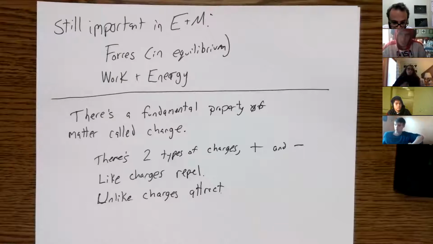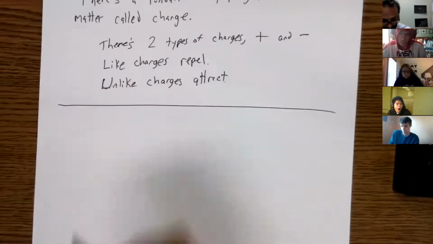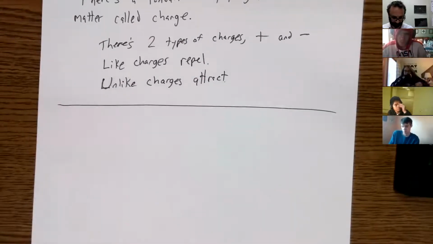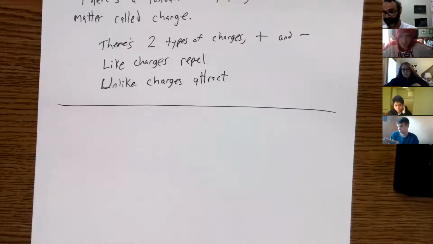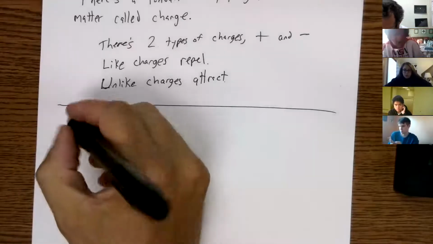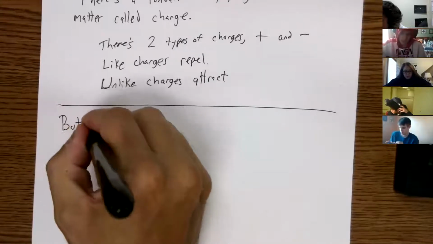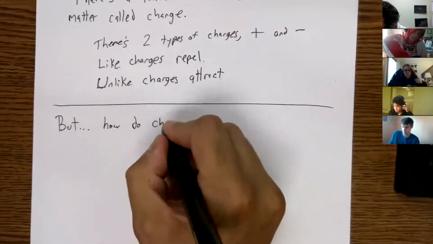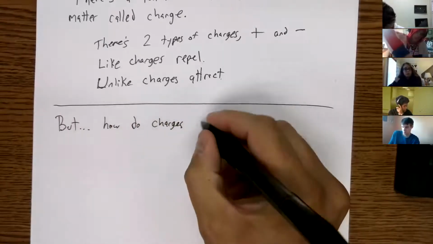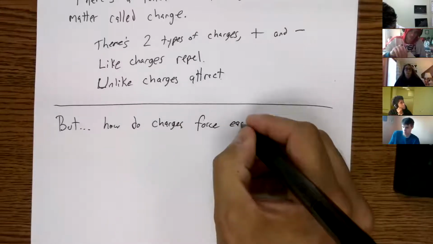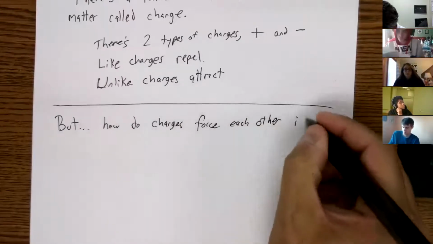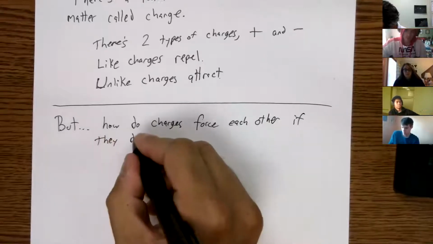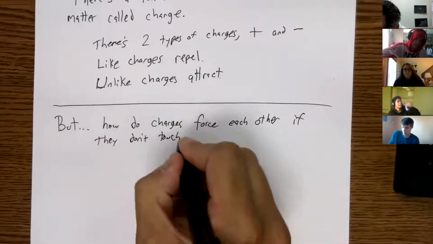And that might make perfect sense until you think a little bit harder, and you might say, but how do they force each other if they don't touch? All the forces that you've probably studied so far, except for gravity, objects are touching each other. So how do charges force each other if they don't touch?